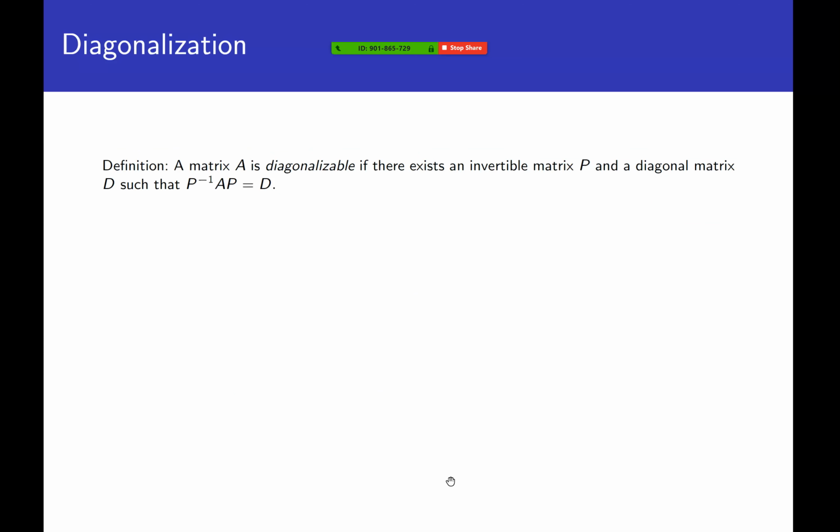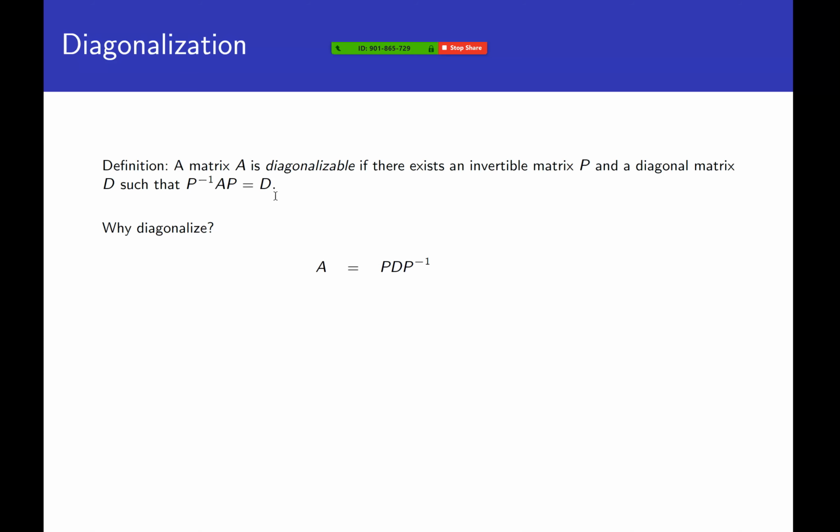All right, so to that end a little bit, let's talk about this idea of a matrix being diagonalizable. The idea behind this is that a matrix is diagonalizable if we can write the matrix in the middle of this P inverse and P. So P necessarily has to be an invertible matrix, so that when you take P inverse times A times P, we equal this diagonal matrix D. Hopefully this gives you a little bit of an idea why we care about diagonalizing the matrix.